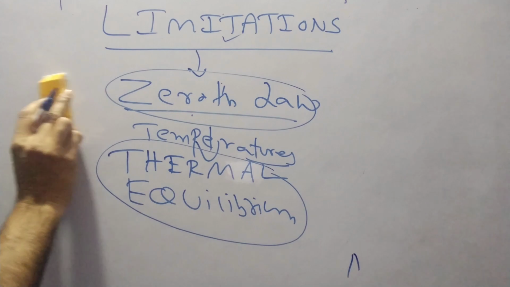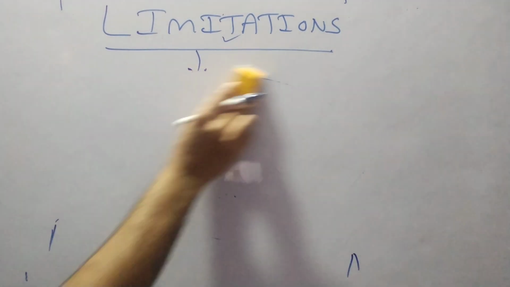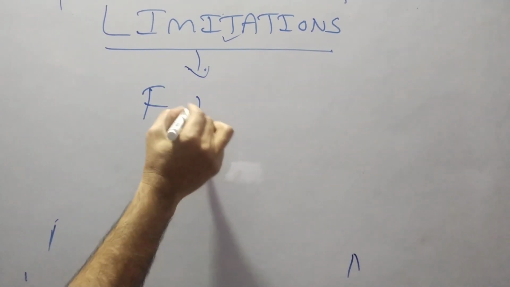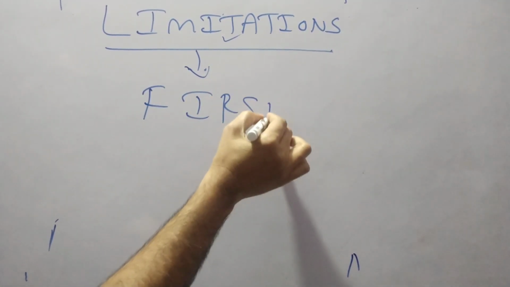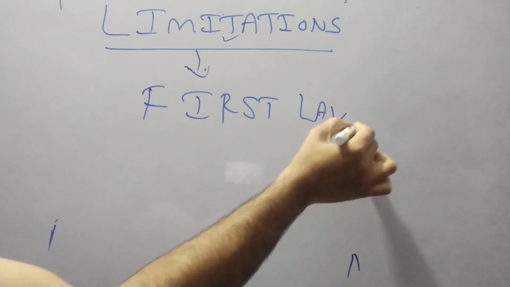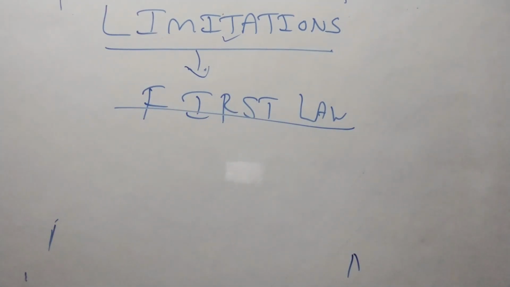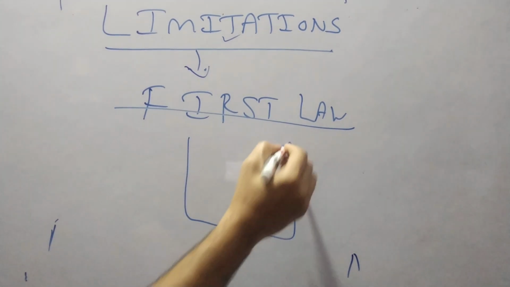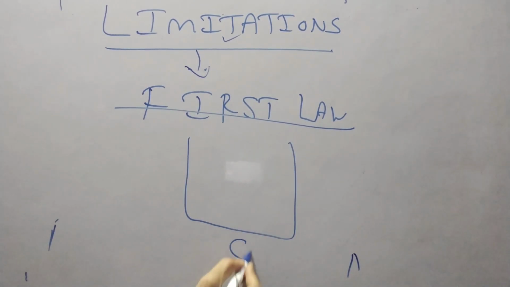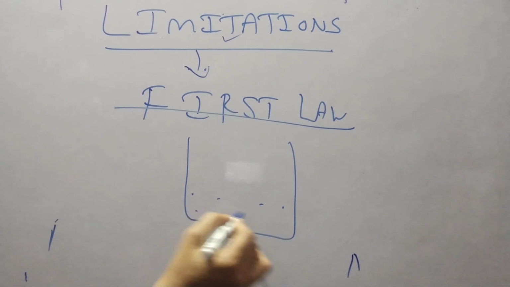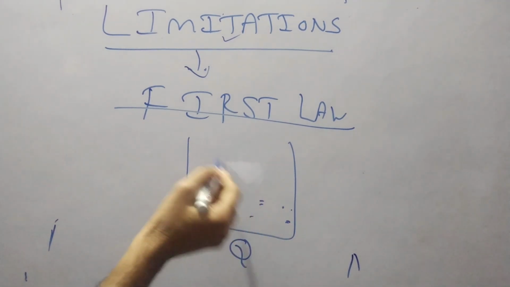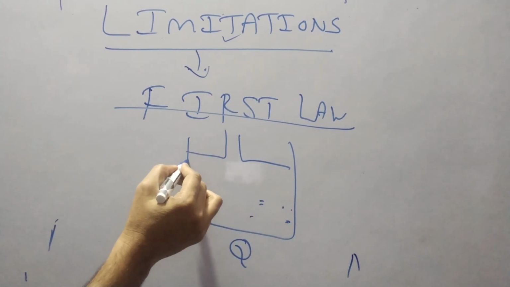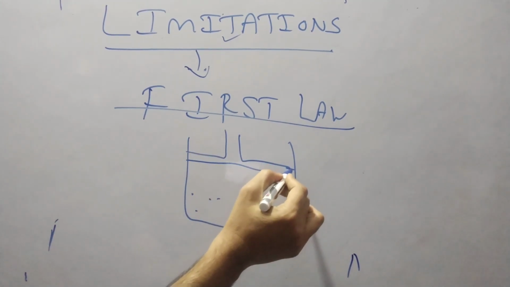Okay. Next we'll see the next law, that is the first law. In the first law we have three variables. When heat is applied, there are gas particles here, and there is a piston like this. Here I am not defining the law, that is in the other video, you can watch that video.